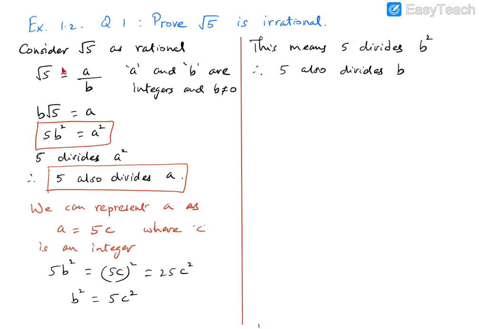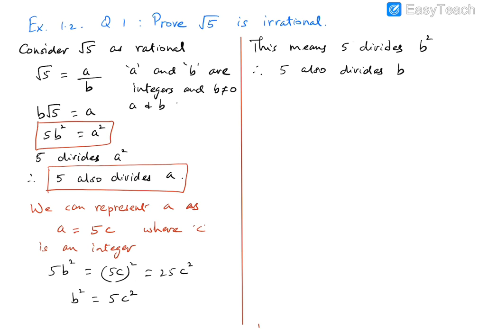But we started off with a and b being integers, with b not equal to 0, and a and b have no common factor other than 1. That's the other assumption that we had in the beginning itself.